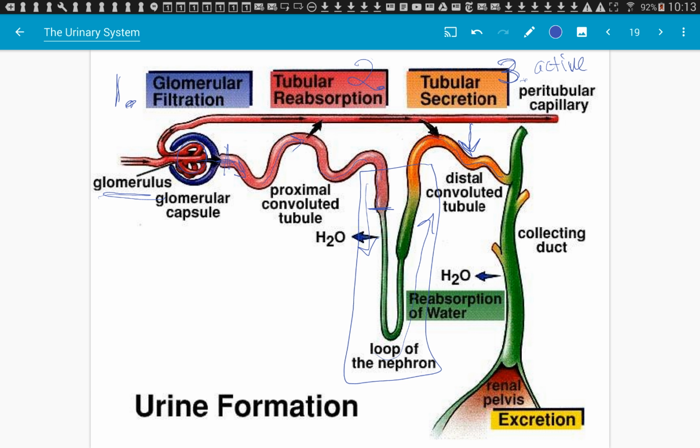Okay? And then whatever is left of the filtrate, and what has been reabsorbed or secreted into it, is dumped into the collecting duct and then travels down to, that little dip right there is the renal papilla, and then it goes to the renal sinus.